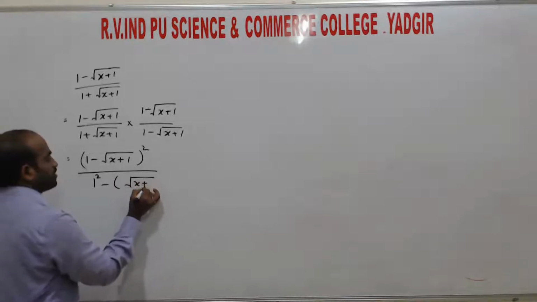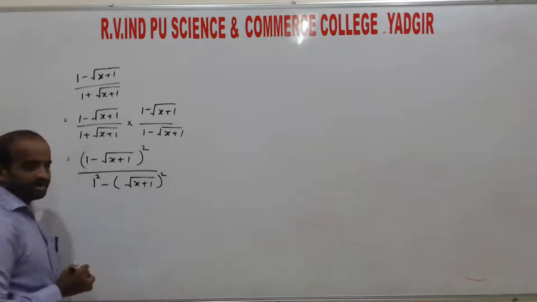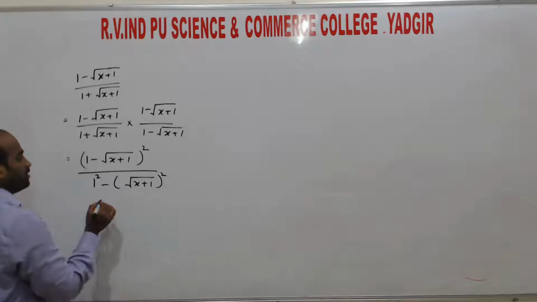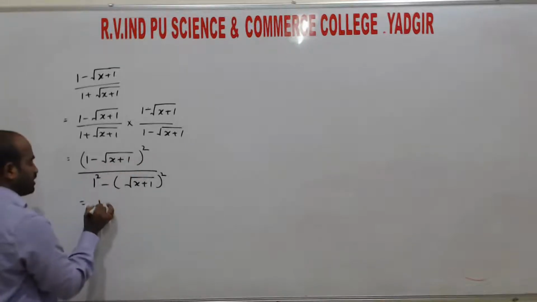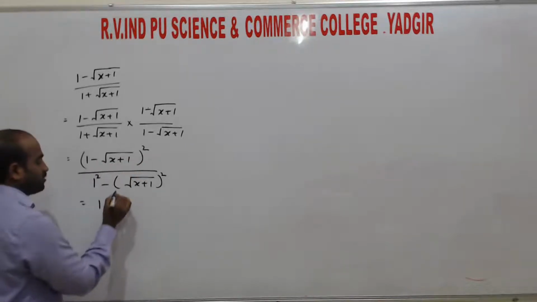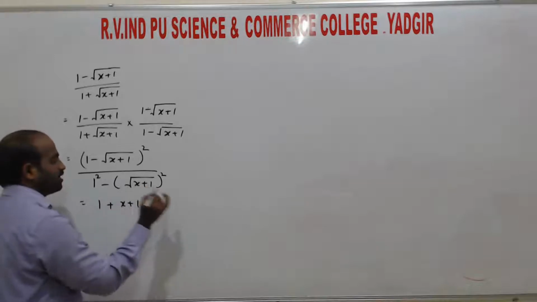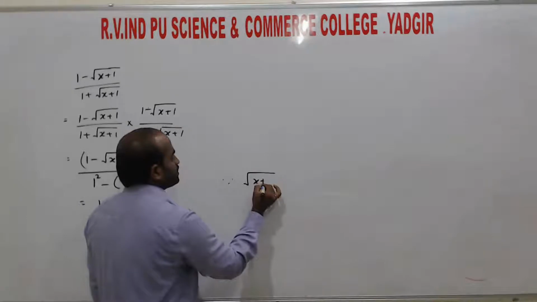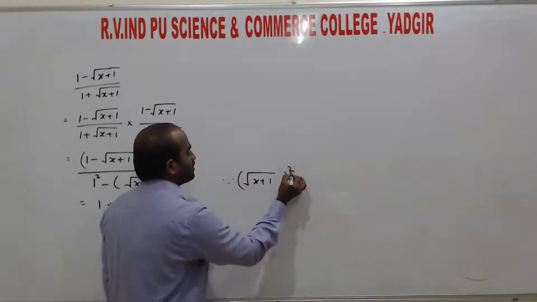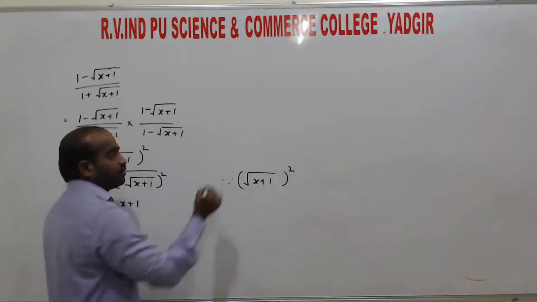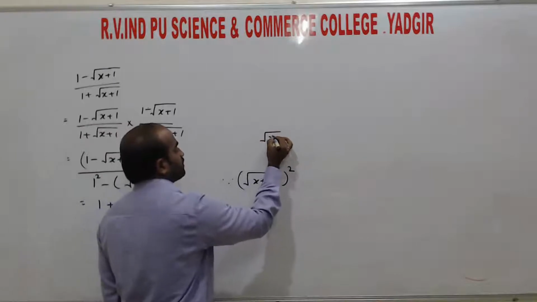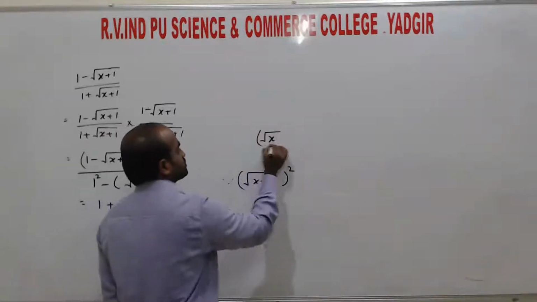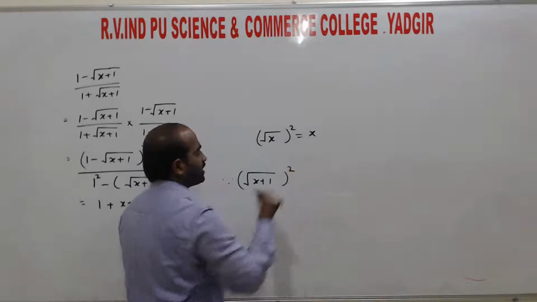Root of x plus 1 whole square. Okay. A minus b whole square is a square plus b square, so x plus 1. Root of x plus 1 whole square. You know the square root of x square is equal to x.